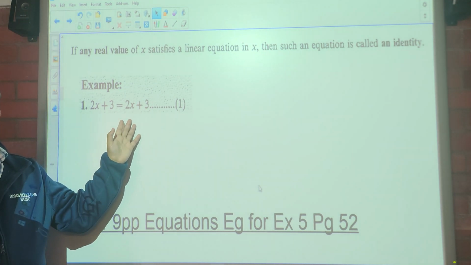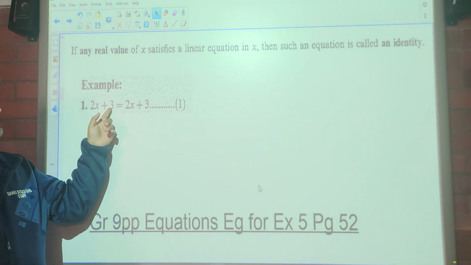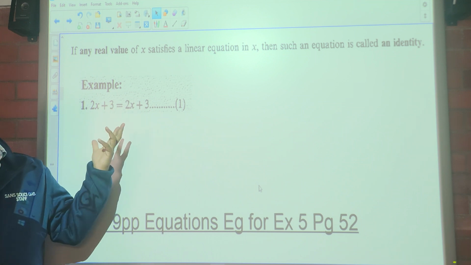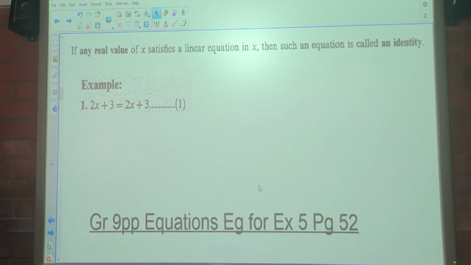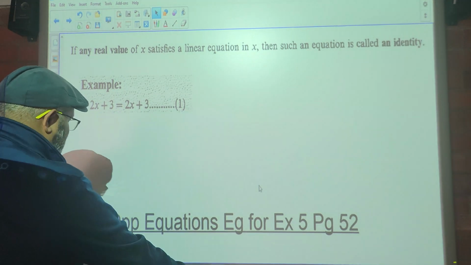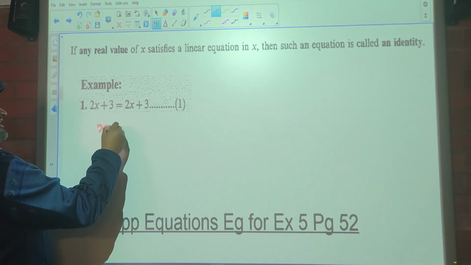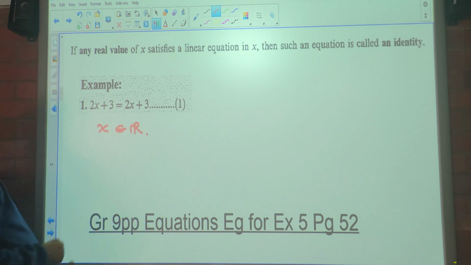Choose another value. 6. It's 12, 15, 12, 15. So whichever value you choose, the answer will be the same. Can you see that, people? So then that means to say for this case, x is an element of all the real numbers.